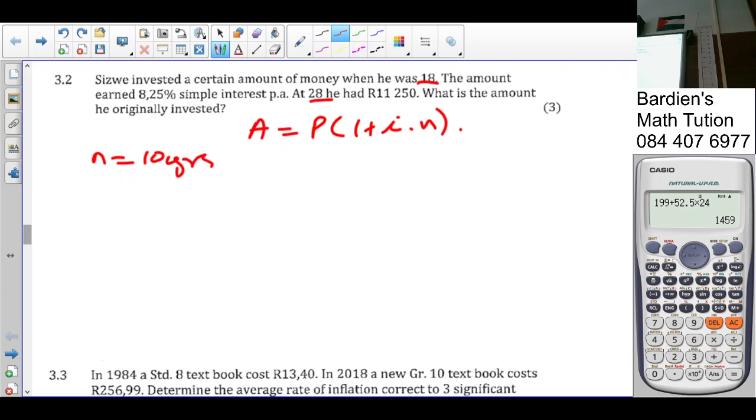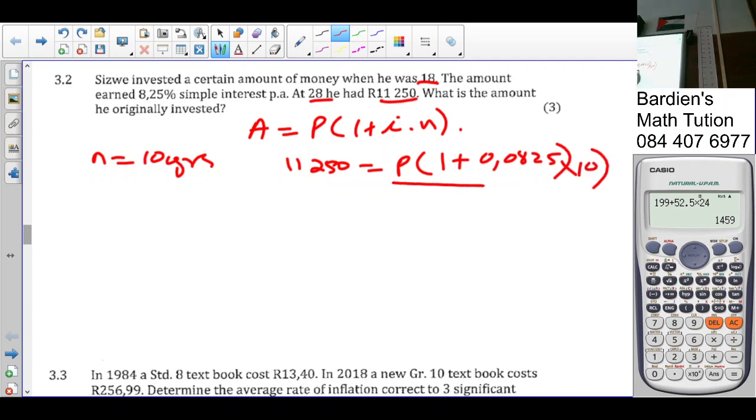Okay? So you had 11,250. So that's the A value. It's 11,250 equals P into (1 plus i). What's your i value? 0.0825 times 10.